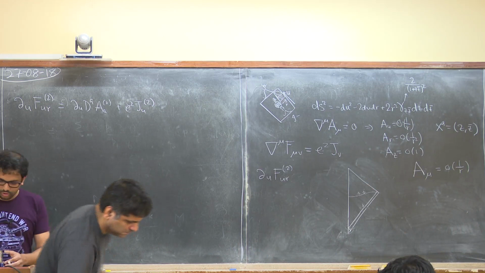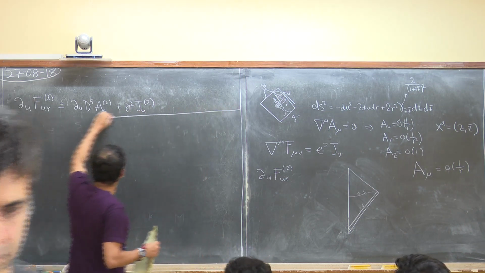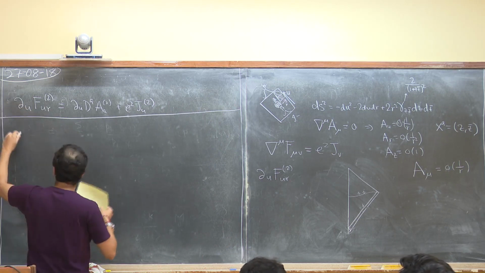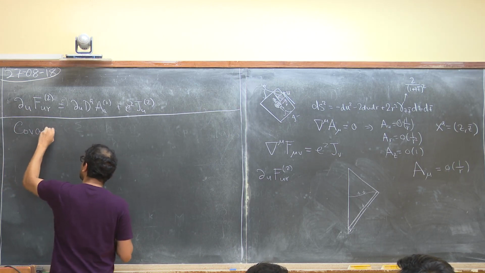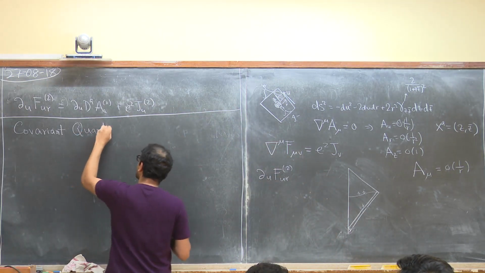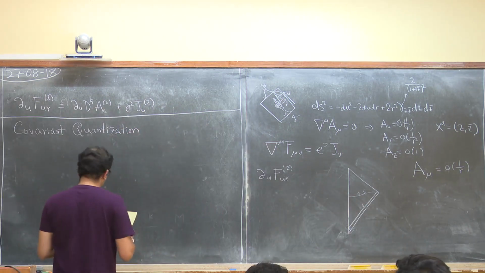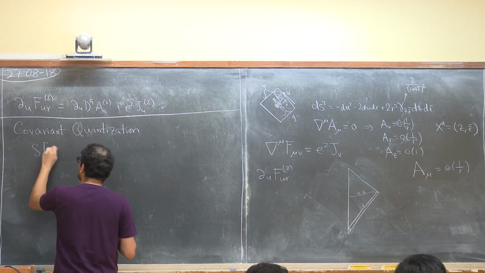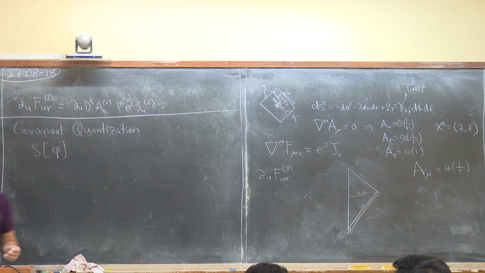So quickly, let me go through this idea of covariant quantization, which allows you to quantize on any surface, null or not, any Cauchy surface. So this is sort of more general: let S be any action and phi be the set of all fields in my theory, every single field.